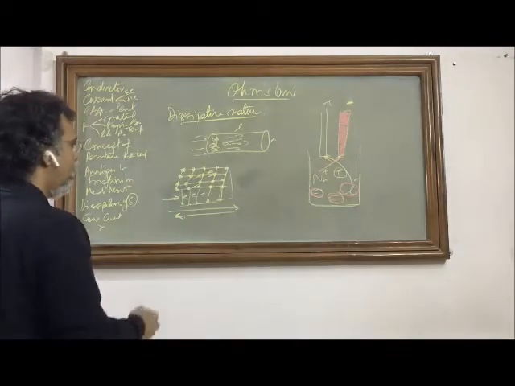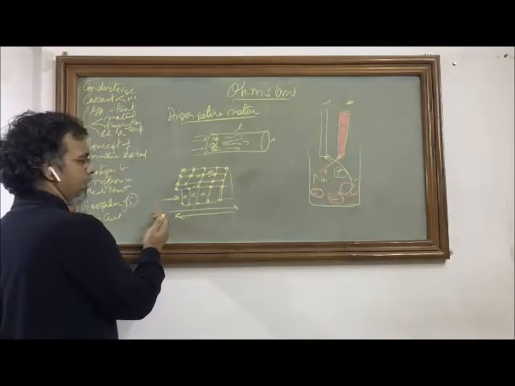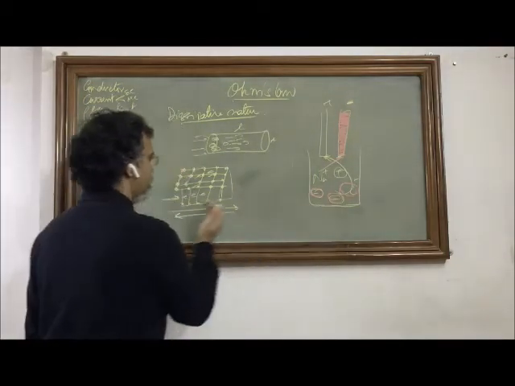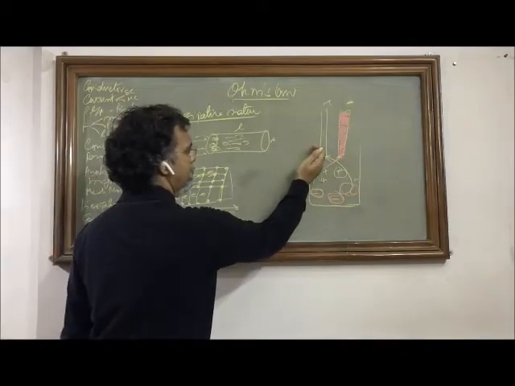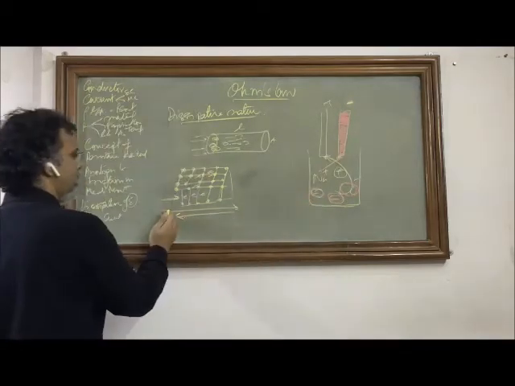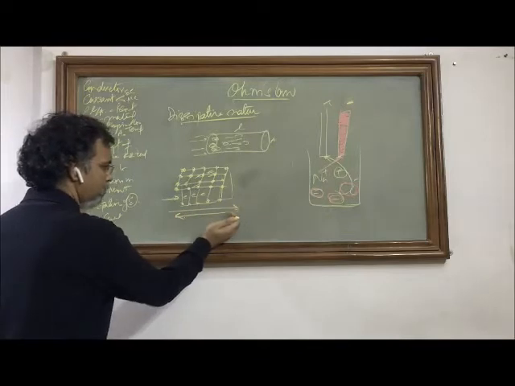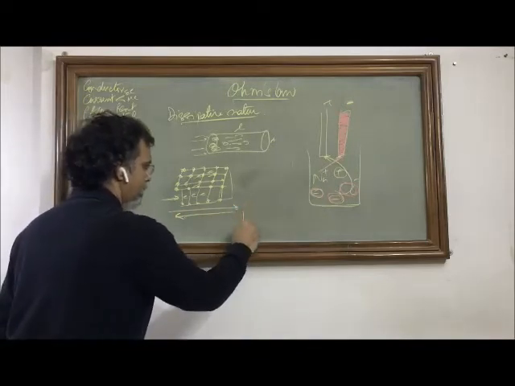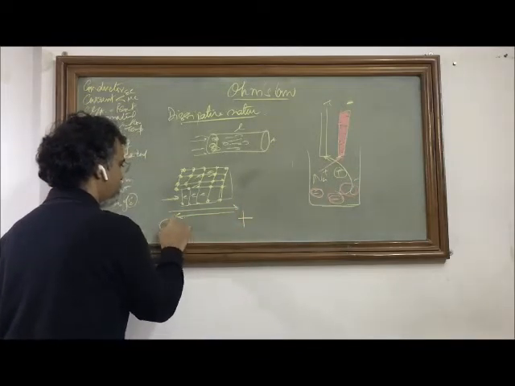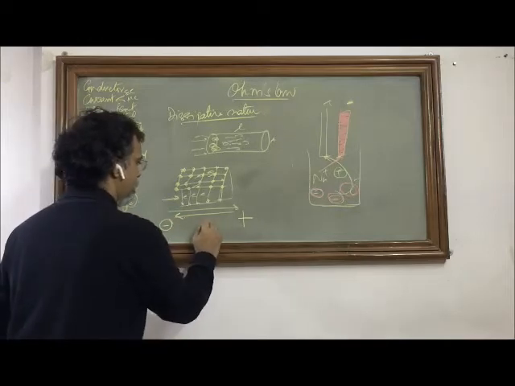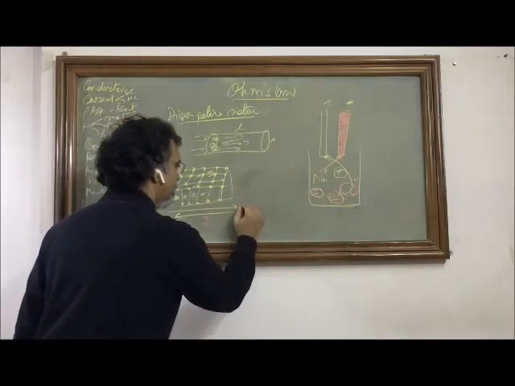Now under the influence of electrical potential, in this case also, this is the point of higher potential because the conventional current is going here, and this is the point of lower potential. This is the direction of the current and this is the direction of the electrons.